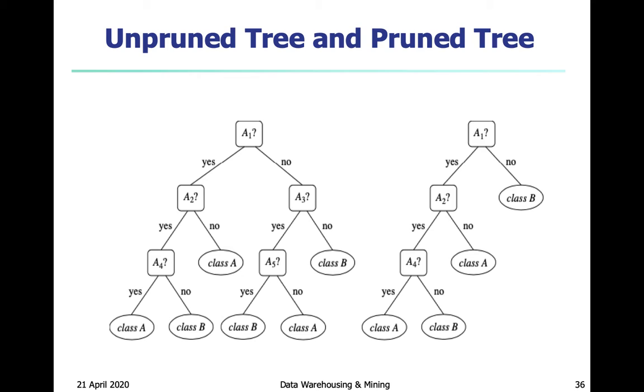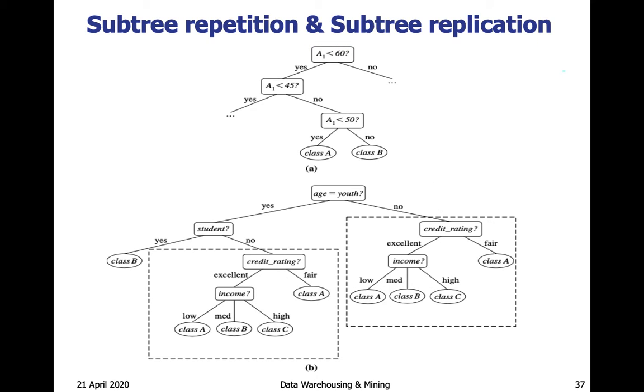Decision trees can suffer from two factors: repetition and replication. Repetition occurs when an attribute is repeatedly tested along a given branch of the tree.